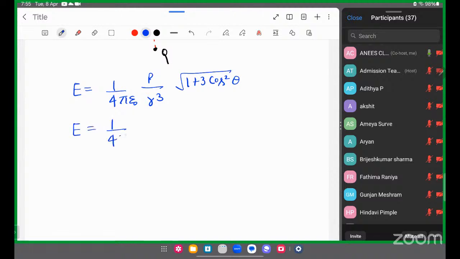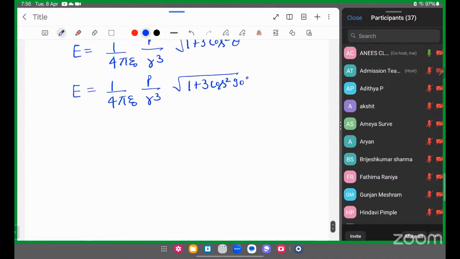And if you are taking it at equatorial position, then this will be 1 upon 4 pi epsilon naught, P upon R cube, square root of 1 plus 3 cos square theta. In this case, theta is 90 degrees. Cos 90 is 0. So the result will be E equals 1 upon 4 pi epsilon naught, P upon R cube. This is the formula for equatorial position.